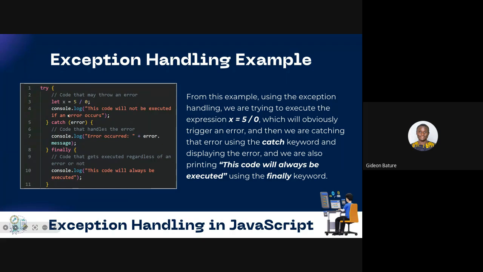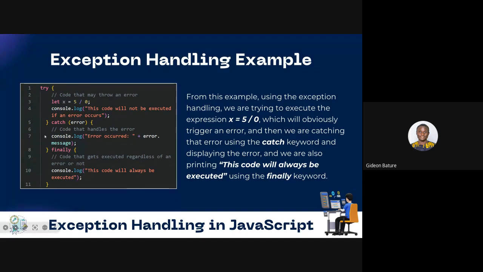So once anything inside this try returns an error and not an answer, this catch will be able to pick it up. And then you can go ahead inside of the catch and console.log the error, so that you really know what is actually happening.